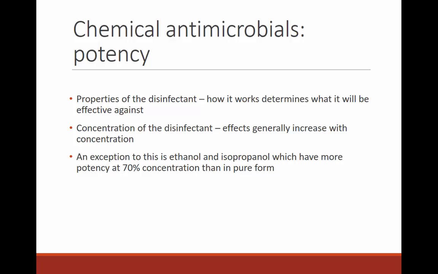You have to work out how that disinfectant actually works, the mechanism of action, before you can say this particular surface is more likely to be contaminated with a gram-positive, therefore I will use this particular disinfectant. And you also have to think about the concentration of the disinfectant. So more is not necessarily better.